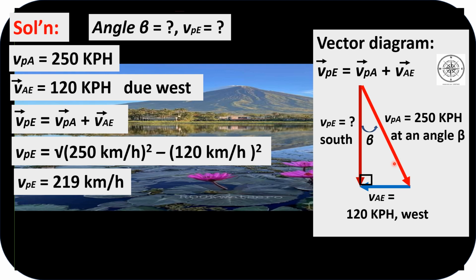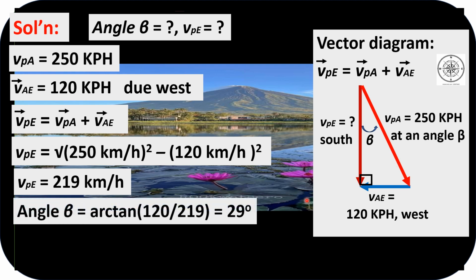So using the definition of arctan, arctangent of the opposite side divided by the adjacent side, since we know already the value of v sub PE, 219 kilometers per hour, with the help of your scientific calculator, we'll be able to determine the angle beta, which is 29 degrees.